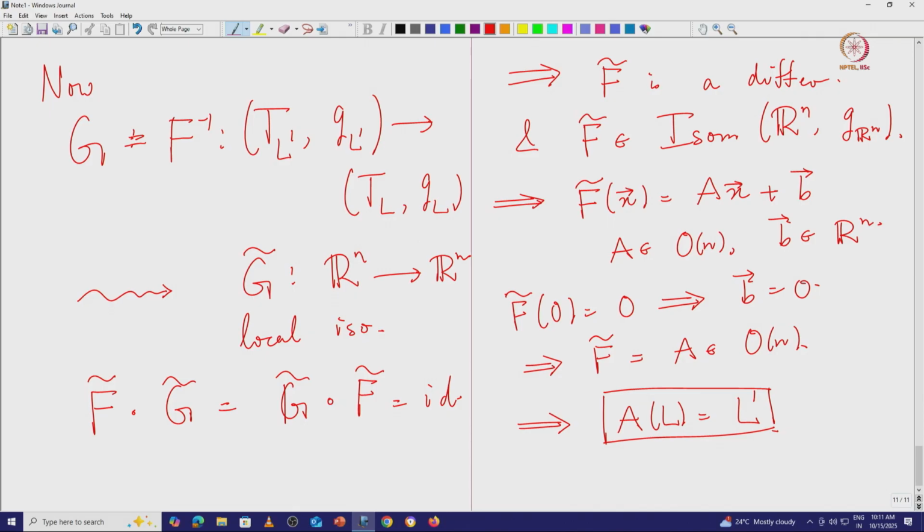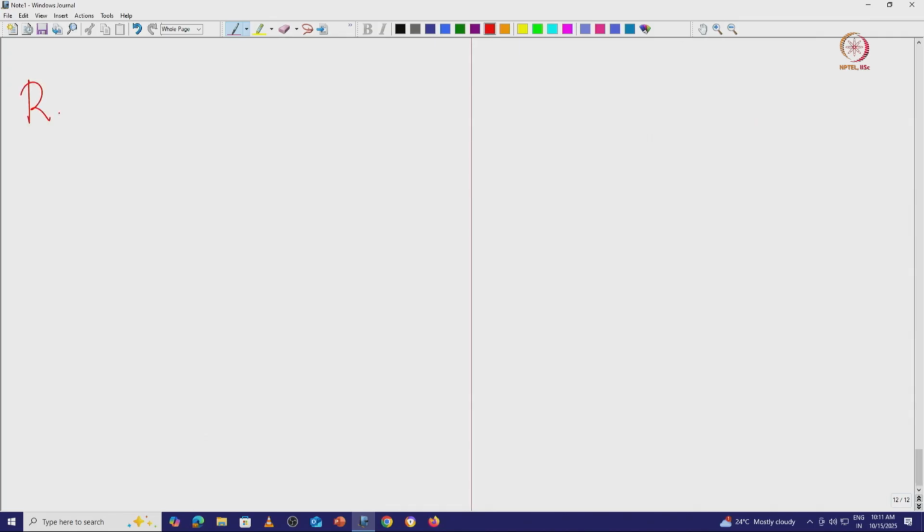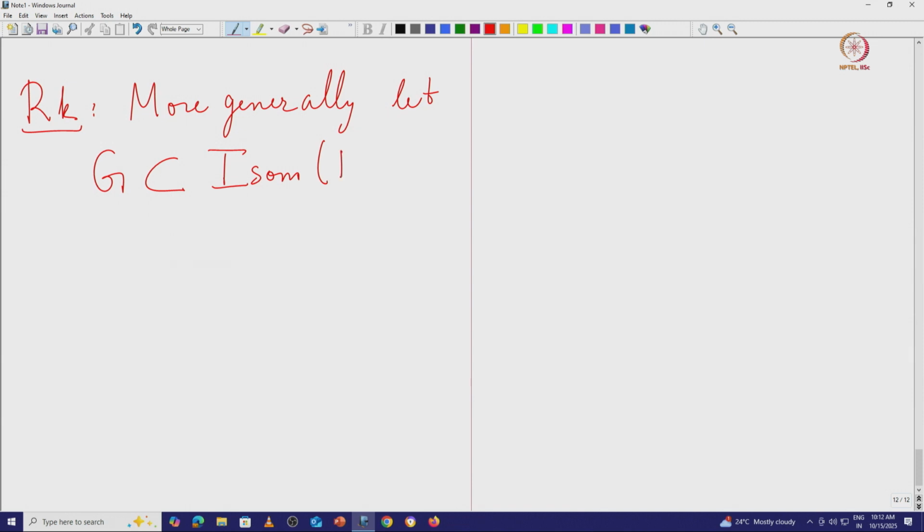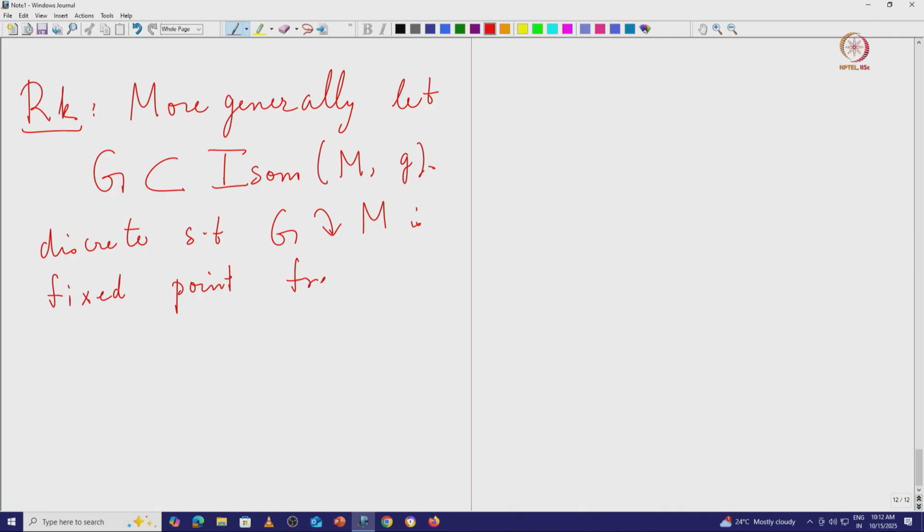Okay. Alright, so maybe I'll end this lecture with the following remark, that more generally suppose you take G to be a discrete subgroup such that the action on M is fixed point free, then there exists a unique metric H on the quotient.